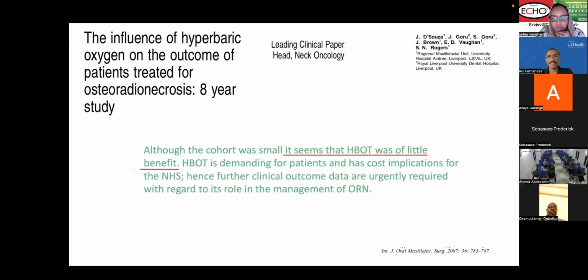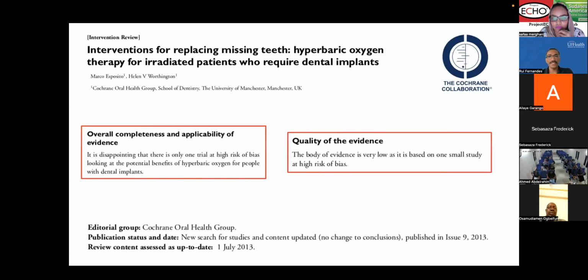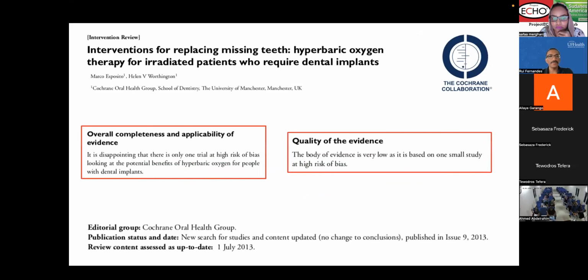There's been the Cochrane study, again looking at the overall use of hyperbaric oxygen for this patient population, and concluded that there's a very low body of evidence to recommend such, and there's a lot of bias in the literature, as we all know.